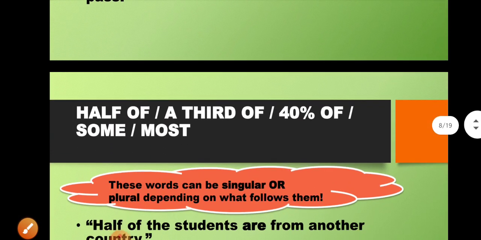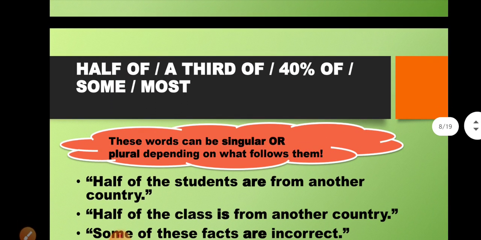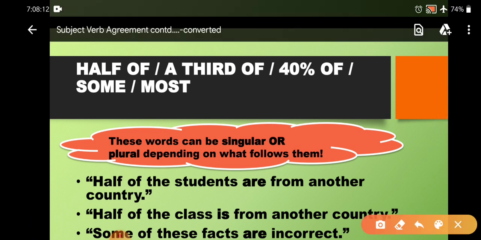Okay, now again this is a typical one. That is why we are doing all this in your advanced study of this topic. Look at this. Half of, a third of, 40% of, some, and most. Now, when I say half of, you should ask half of what? Right?